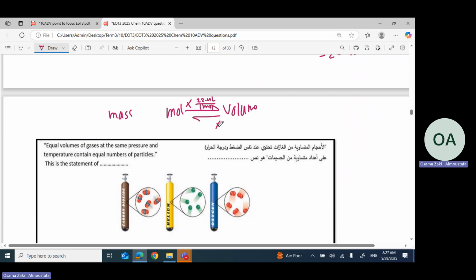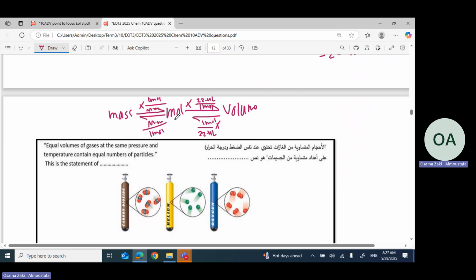In the opposite direction, multiply by 1 mole over 22.4 liter. From mass to mole, multiply by 1 mole over grams, which is the value of molar mass. In the opposite direction, molar mass over 1 mole. This, by the way, is not the molar mass, this is the number of grams in 1 mole, but I just want to simplify the idea.